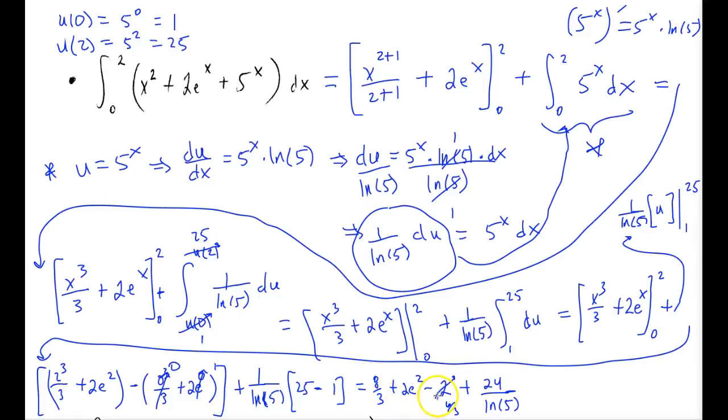And then 8 over 3 minus 6 over 3 is just 2 over 3 plus 2e squared plus 24 over natural log of 5. And that is our final answer in its most simplified form. All right, let's move on to our next example.